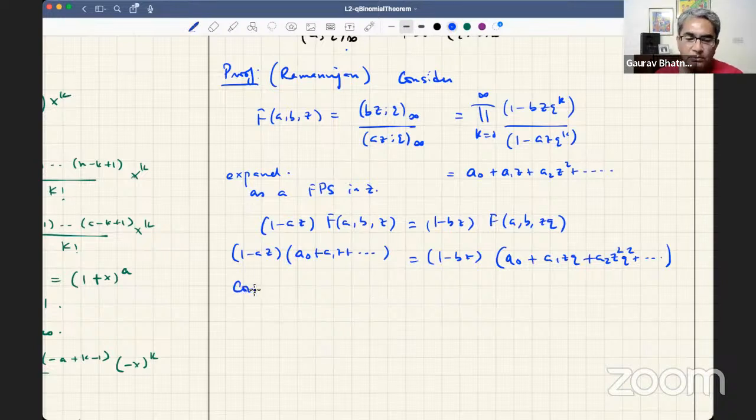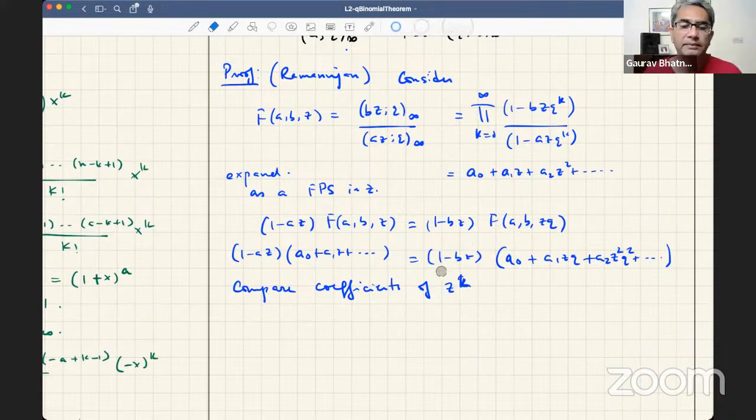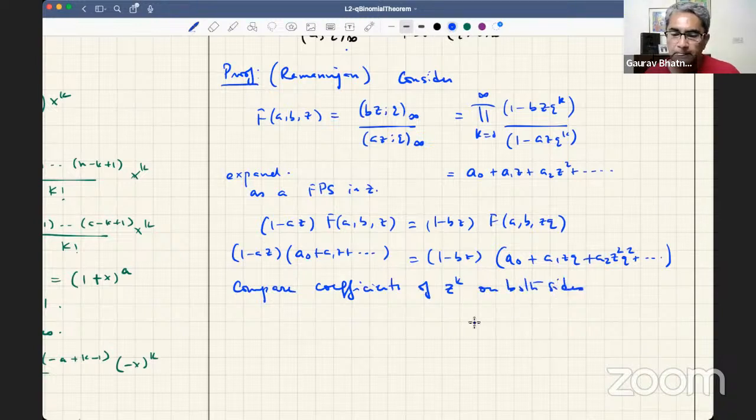And now if you compare coefficients of z raised to k on both sides, then for k bigger than 0, on this side you will get from the first factor a_k, and from the second factor minus a times a_(k-1).